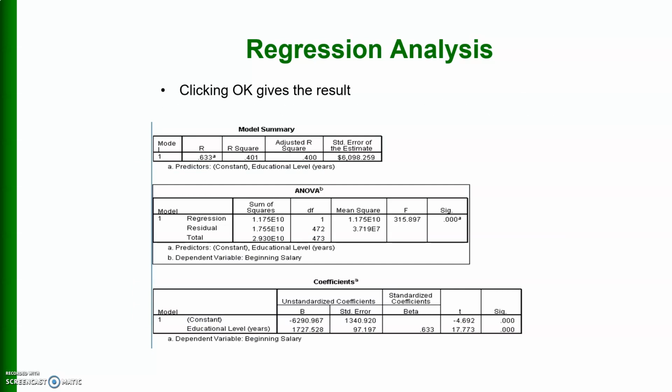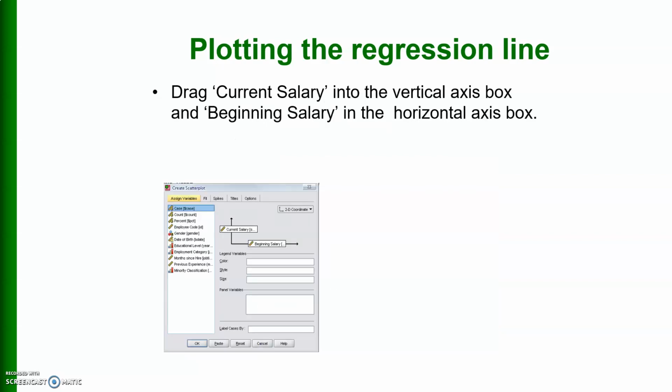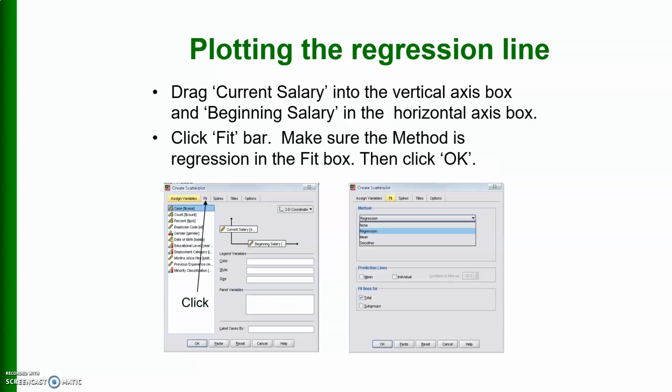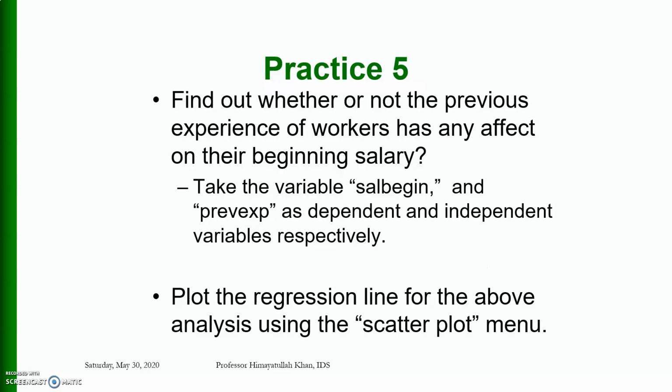This is the model summary, ANOVA and coefficients when we run regression analysis in SPSS. This is about graphs. And this is how we fit the regression line to the data.